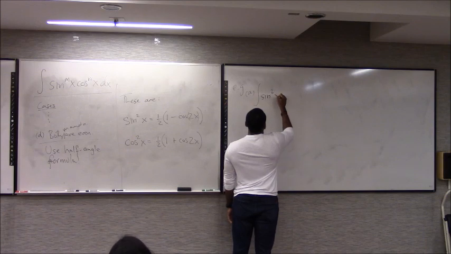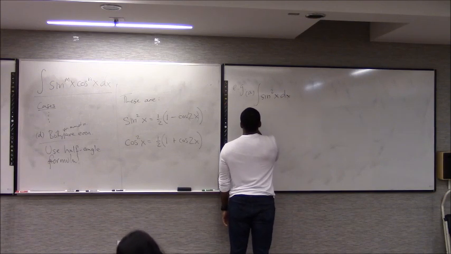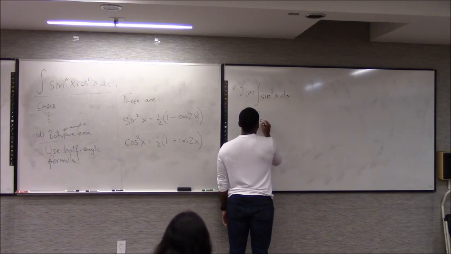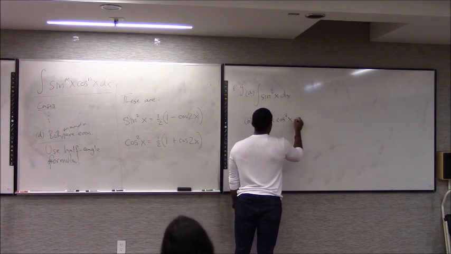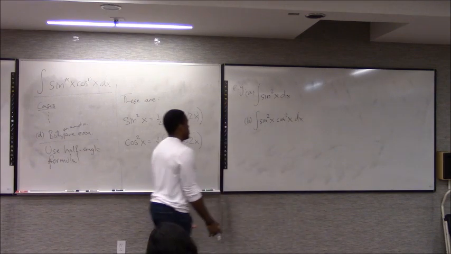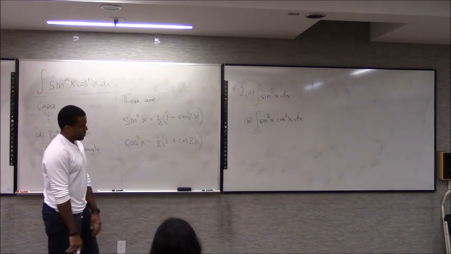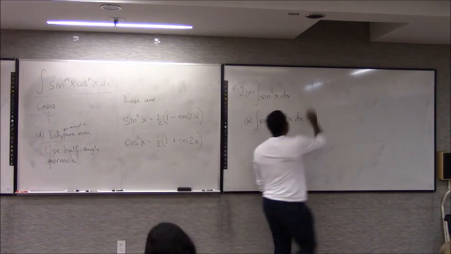How would you integrate sine squared x? How would you integrate sine squared x, cosine squared x? I'll say cosine squared, but if you know how to do sine squared, cosine squared is not a big deal.